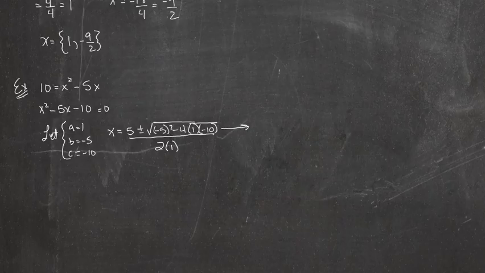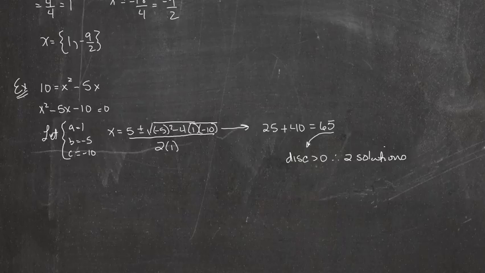First thing I'm going to do is the discriminant. 25 minus 4 times 1 is 4 times -10 is -40. So 25 minus -40 is plus 40, which equals 65. And at this stage of the game, I want you to say discriminant is greater than 0, therefore 2 solutions.